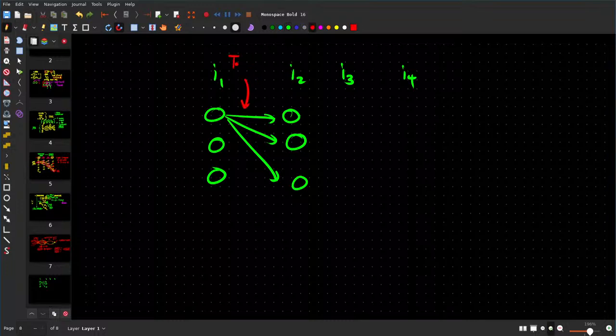Now these edges are actually transitions. Each transition is an edge, and this is the number of ways to arrive at this.